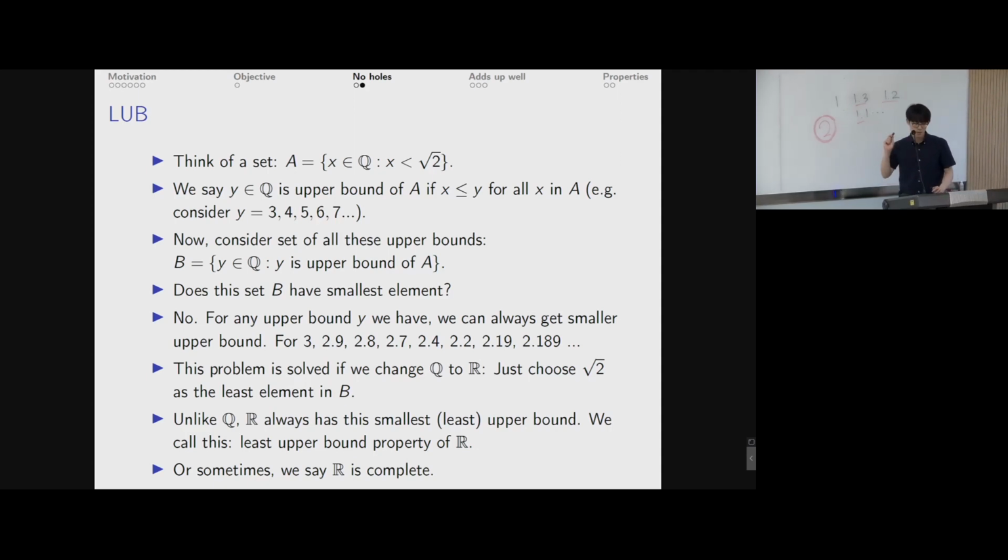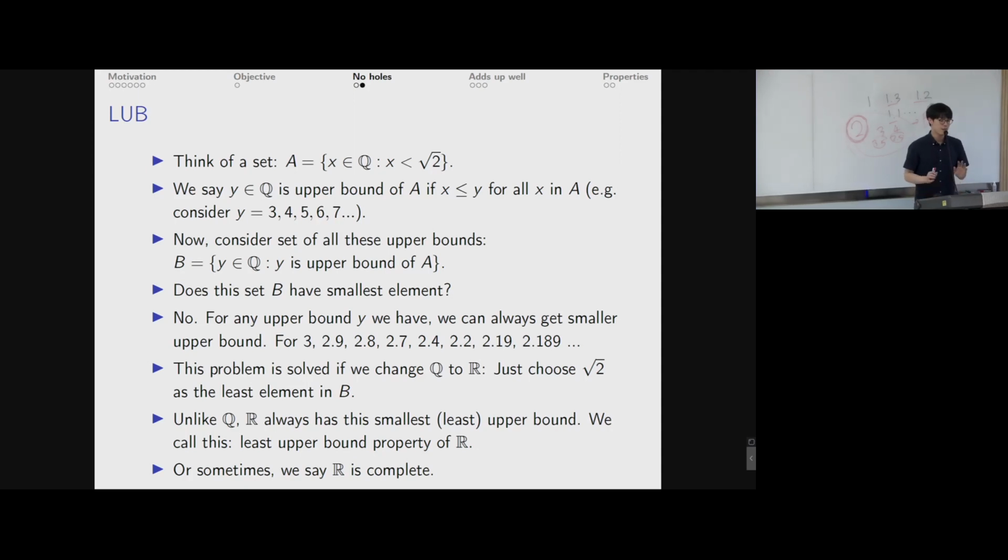We define set B as the set of all rational numbers such that these rational numbers are upper bounds of A. So remember that I told you there are a lot of upper bounds, like there will be 2, there will be 3, 4, 3.5, 2.5, those kind of numbers. So we're going to gather all of these numbers and put them in a set, which is set B. So set B is the set of all these upper bounds, which is also non-empty, because we already showed that 2 is one of the upper bounds.